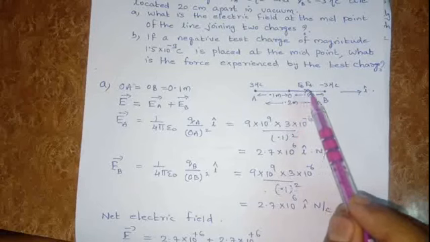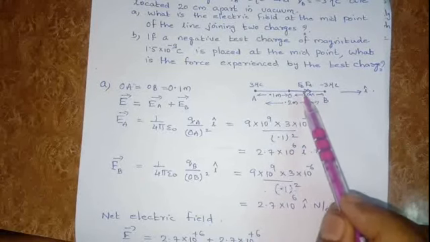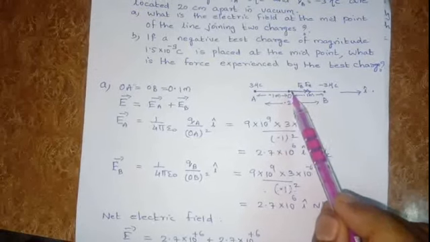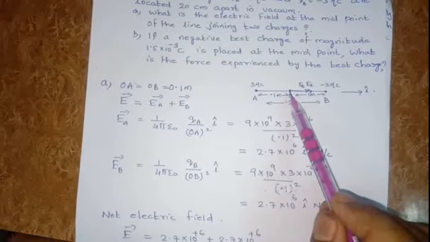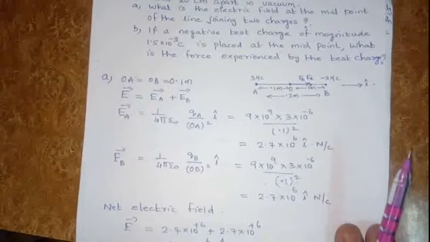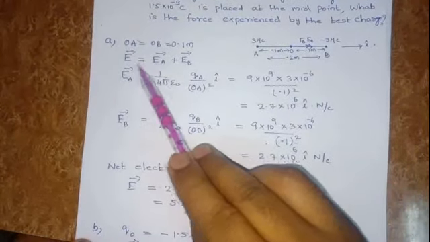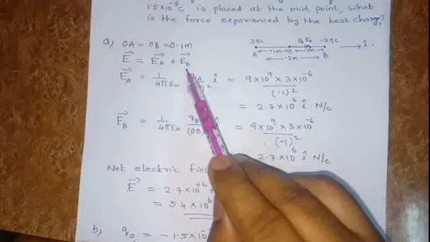The field created by the negative charge is towards the charge, therefore EB is also in the same direction. So at this point there are two electric fields acting in the same direction. Therefore, according to superposition principle, the net electric field is given by E = EA + EB.